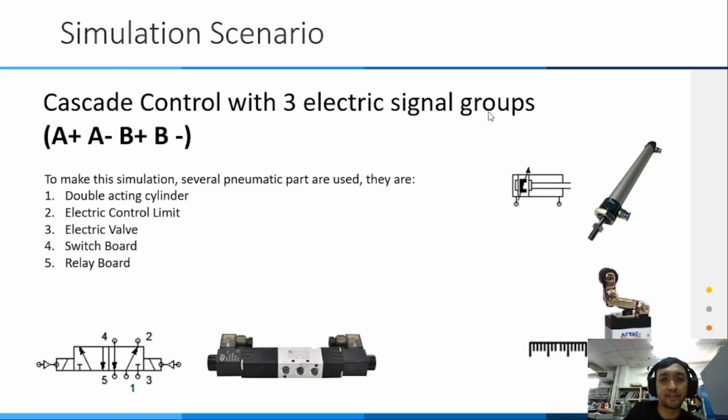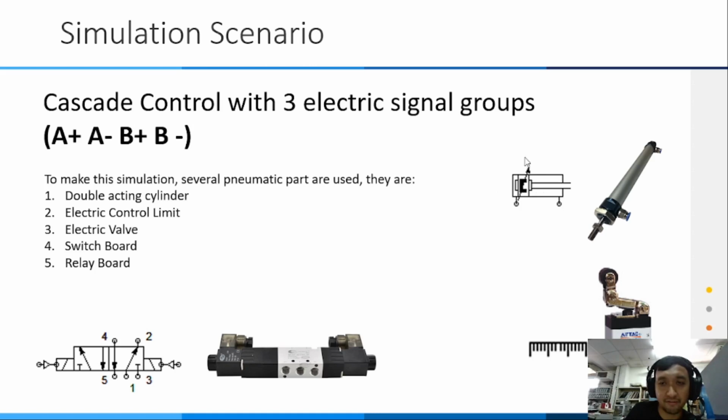With the electric signal group, we can create A plus, A minus, B plus, and B minus. To do this, we need pneumatic components like a double acting cylinder.